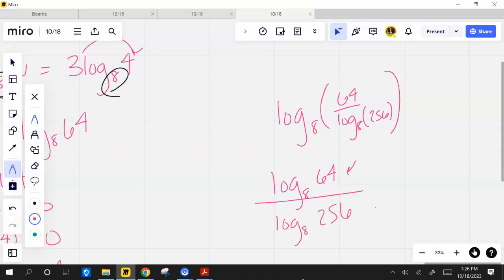You could evaluate each of these individually, but I think you're saying, could you make this?